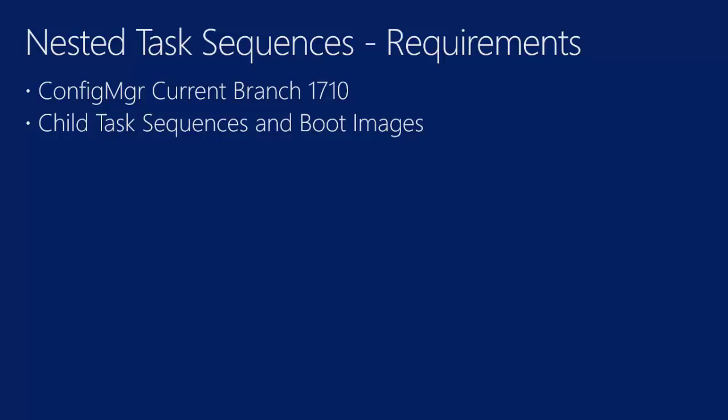Another question that sometimes comes up is whether the version of the client is important for this. Well, if you're running a task sequence through the client, yeah, you need to have your client updated to 1710 or better, enabled for the client to understand what's going on. If you're just doing an imaging task sequence, then all of that is going to come from the site server anyway, and so it should be fine.